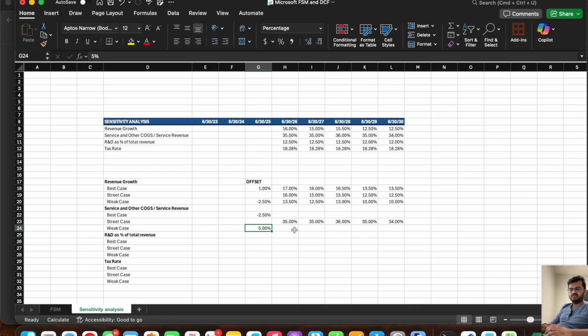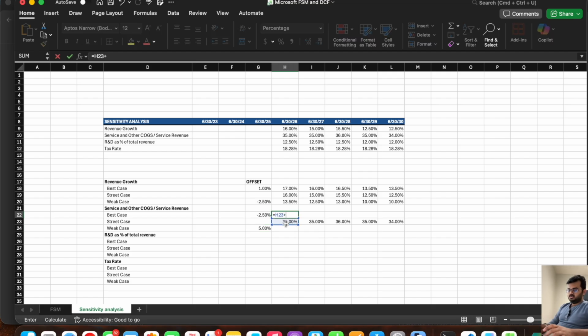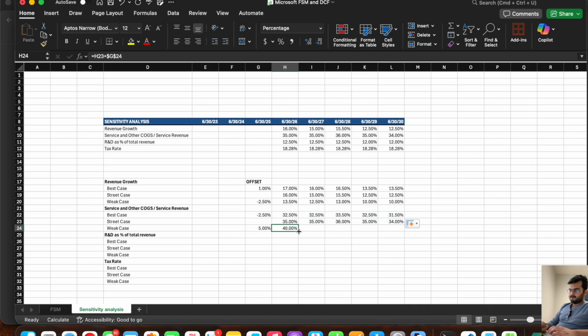Maximum, if whatever investment they made in AI is not helping us, it will be on the higher end. So I'm just going to take this assumption and then see how the number is going to look.